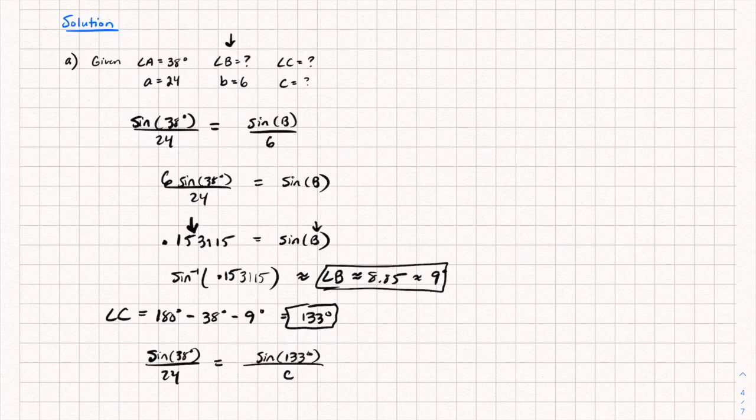Now cross multiplying and dividing, you'll get c is approximately 28.5. I'll save the work in between for you as an exercise. And so this gives me the information that I would need for at least one triangle, right? I have angle B, side C, and angle C.